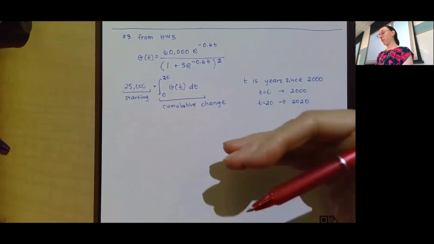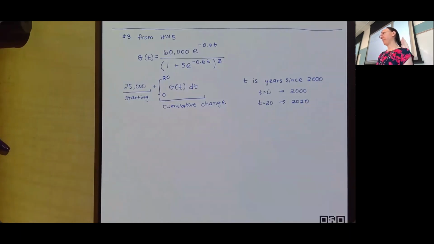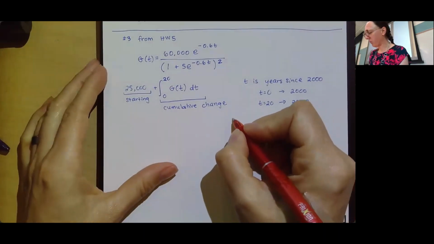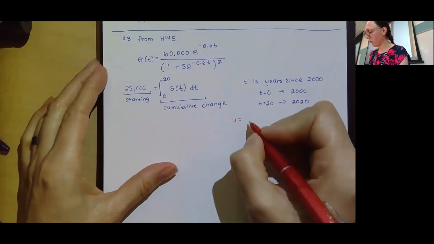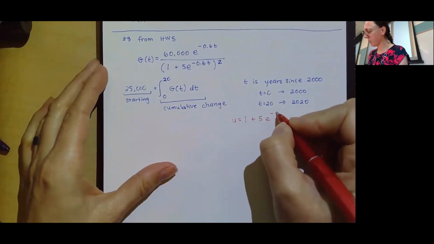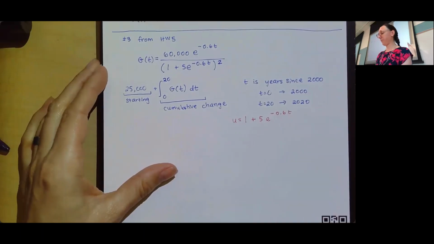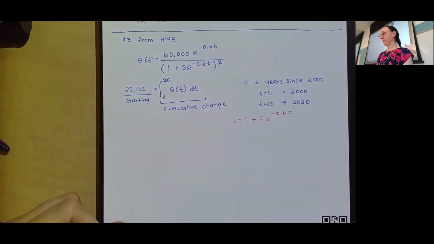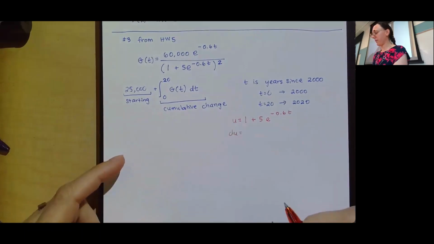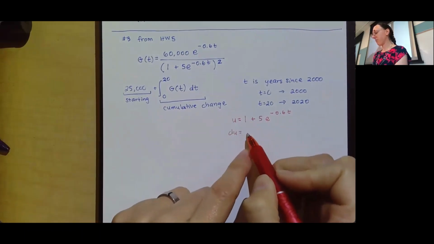So I'm going to build my vocabulary list over here. I'm going to set u equal to 1 plus 5e to the negative 0.6t. And when I take that derivative, the derivative of 1 is 0.